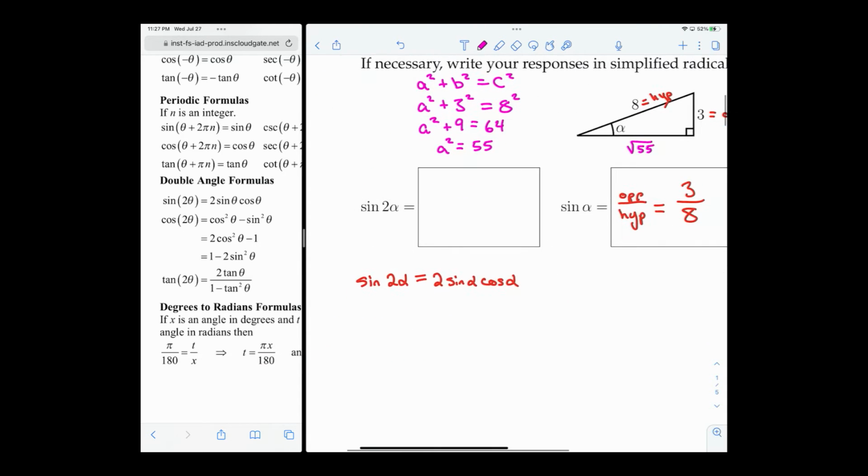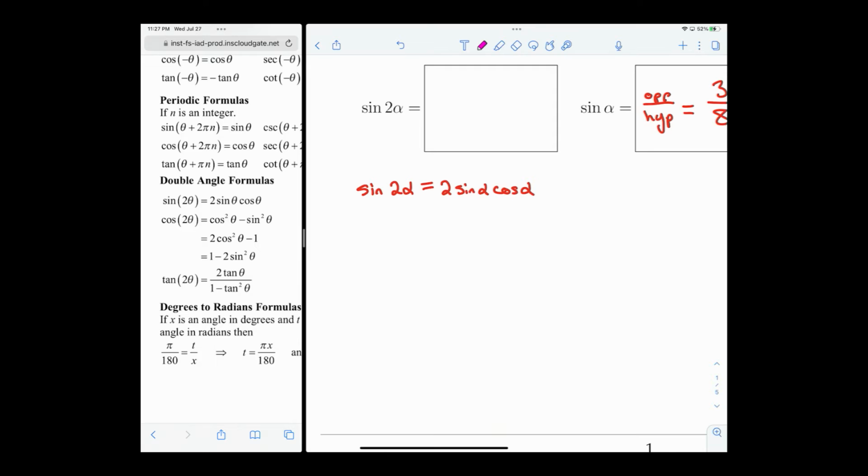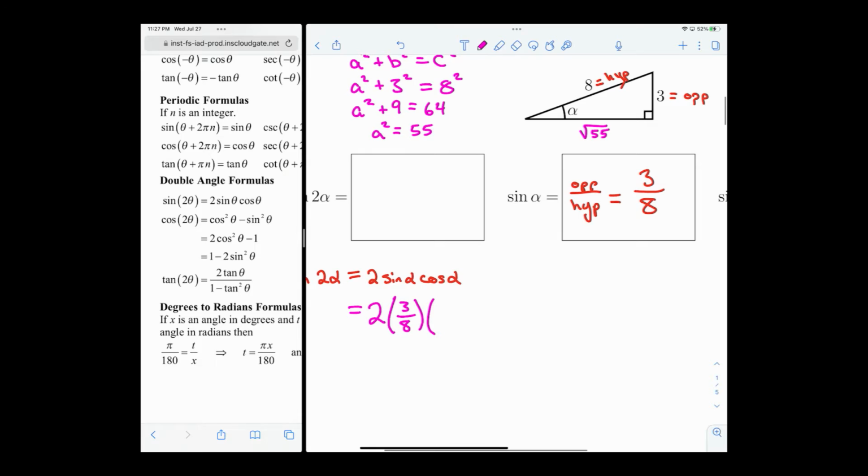Once you have all three sides, then you're able to go back and actually evaluate that sine 2 alpha, because we have 2 sine alpha, which we know is opposite over hypotenuse, 3 over 8, and then cosine alpha, which is adjacent over hypotenuse, so root 55 over 8.